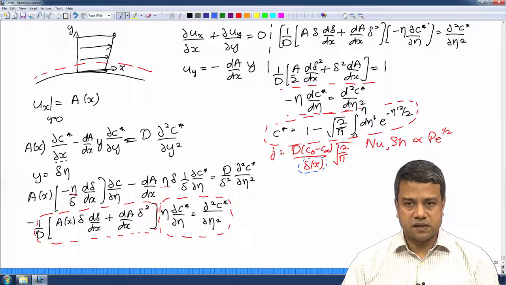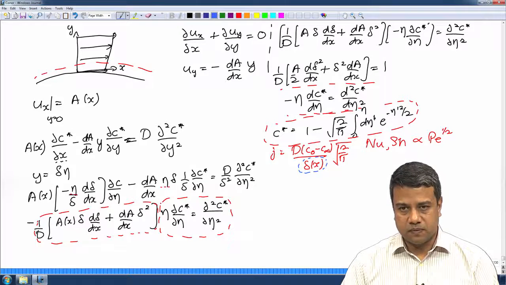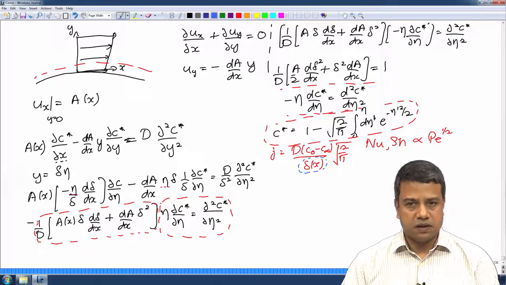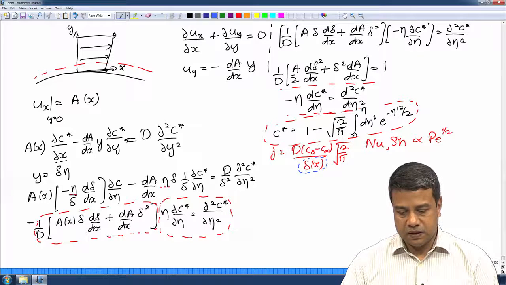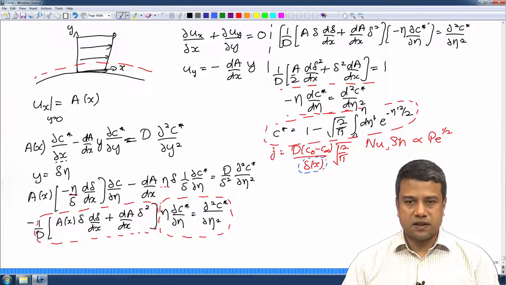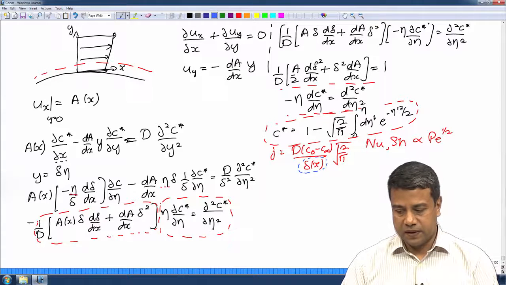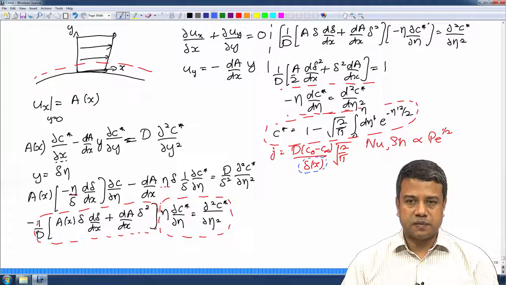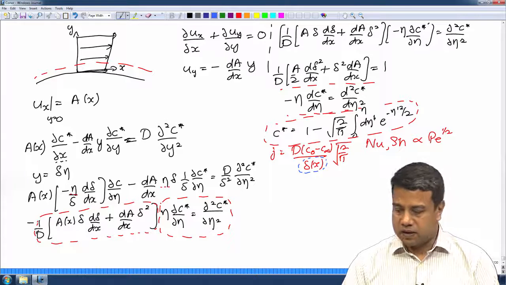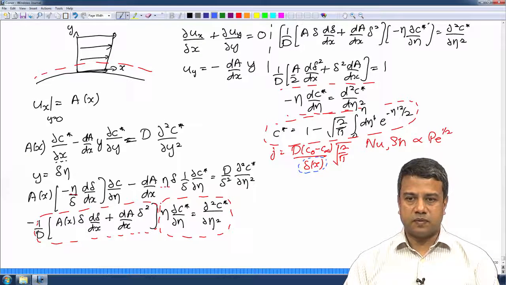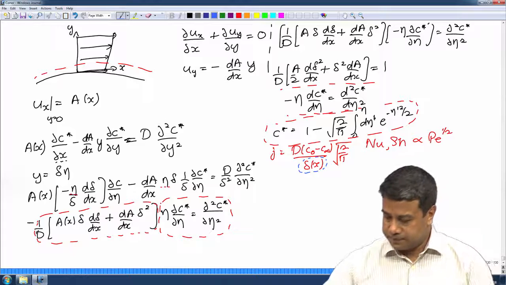In all of these cases, no slip boundary condition, boundary layer thickness goes as Peclet to the -1/3 power, the Nusselt number, Sherwood number goes as Peclet to the +1/3 power. Non-zero tangential velocity, slip condition, zero stress condition, the boundary layer thickness goes as Peclet number to the -1/2, and therefore, the Nusselt number, the Sherwood number goes as Peclet number to the +1/2.